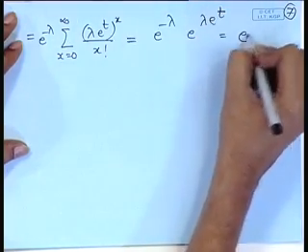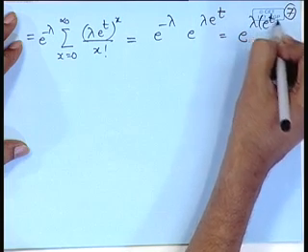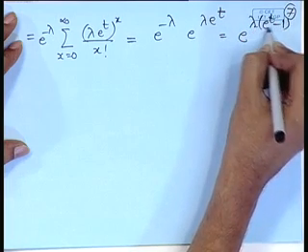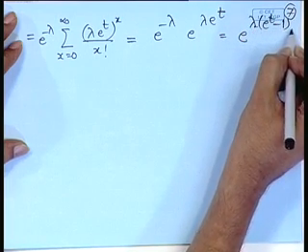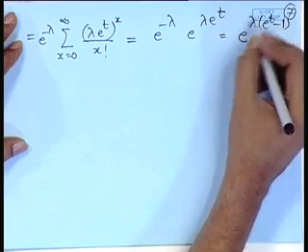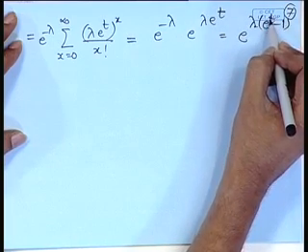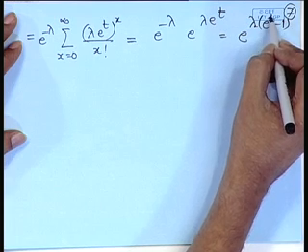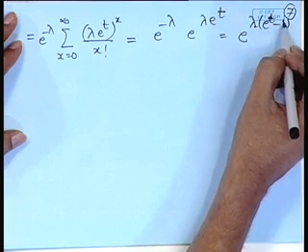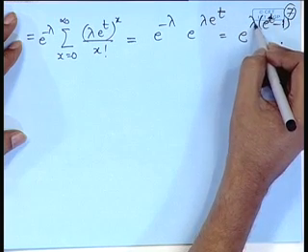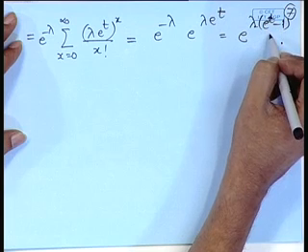Therefore, the moment generating function of a Poisson distribution is e to the power lambda into e to the power t minus 1, which exists for all values of t. You can observe here that at t equal to 0, the exponent is equal to 0, therefore, it becomes e to the power 0, that is 1.